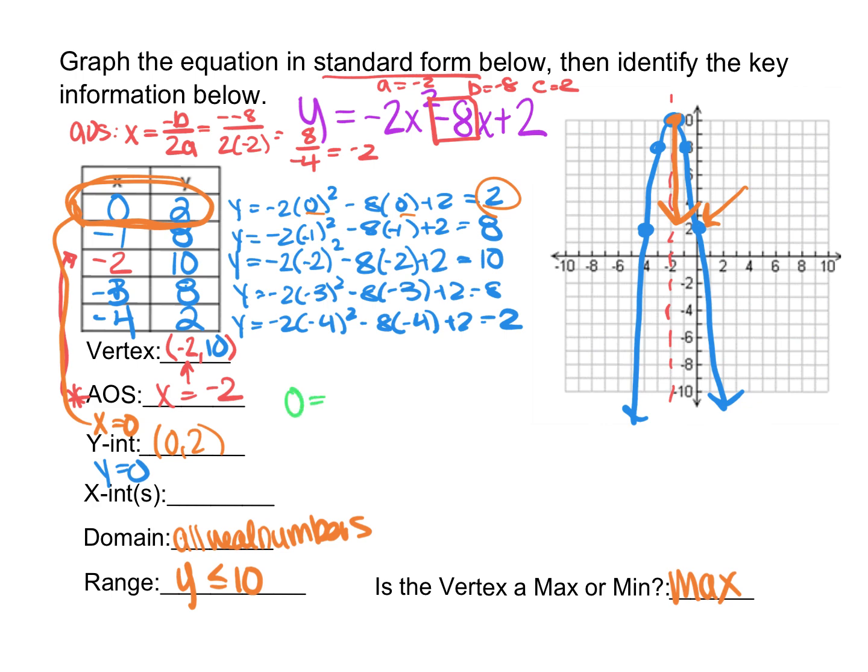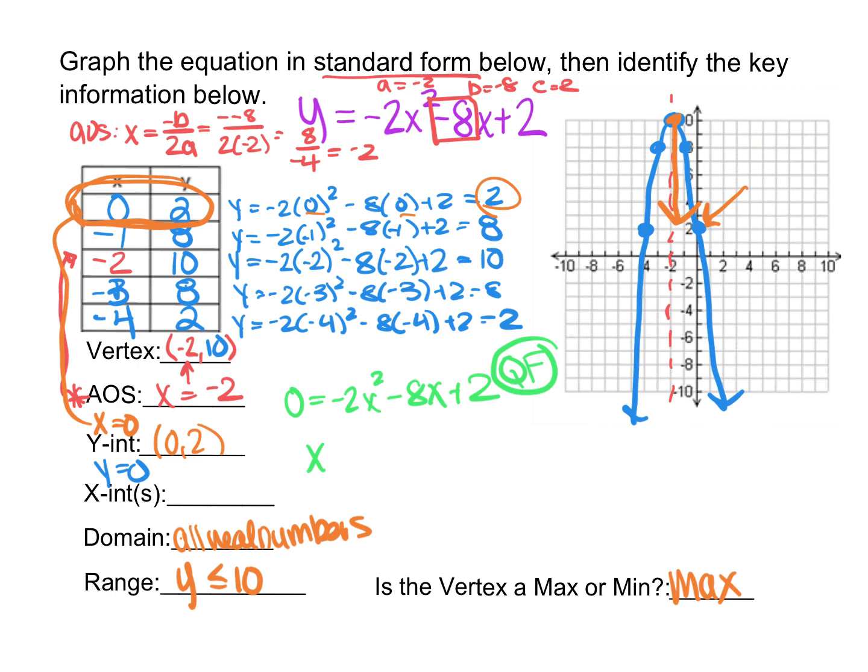So we have 0 equals negative 2x squared minus 8x plus 2. And then we have to think through what quadratic solving strategies we want to use to solve this. Because this is written out in standard form, I like to use the quadratic formula.